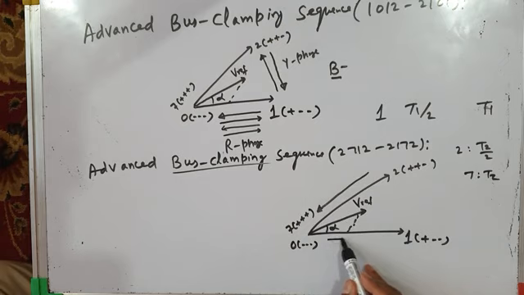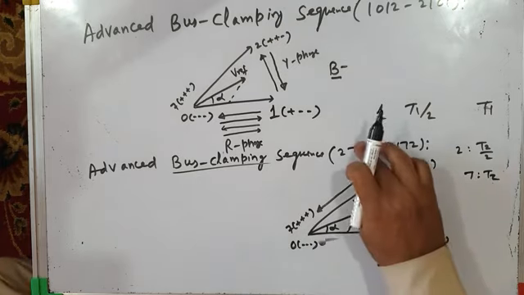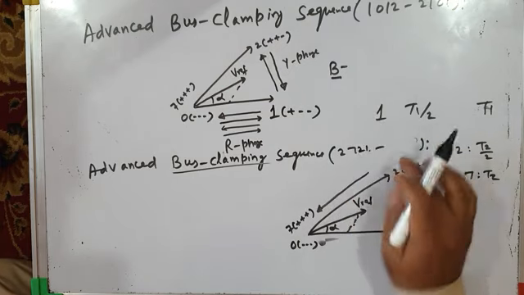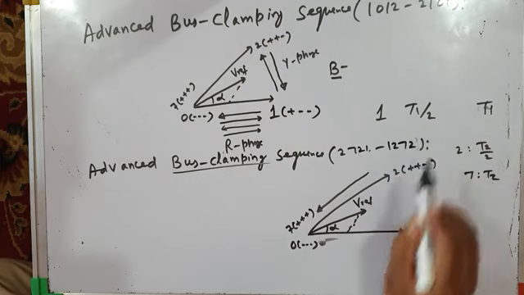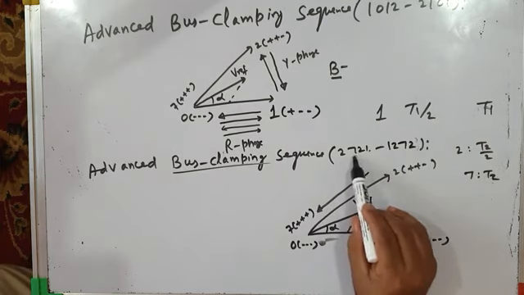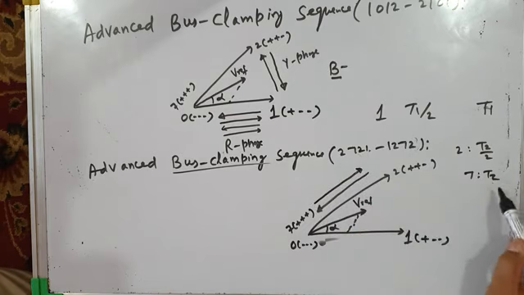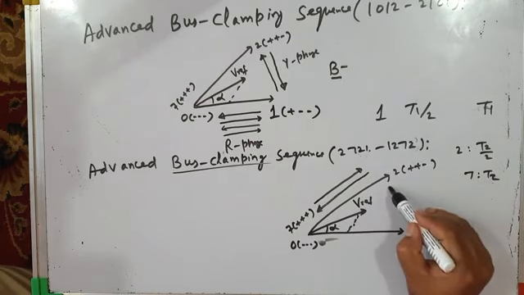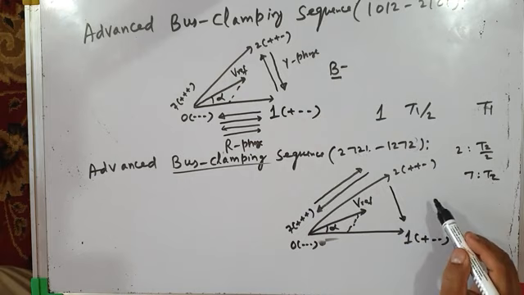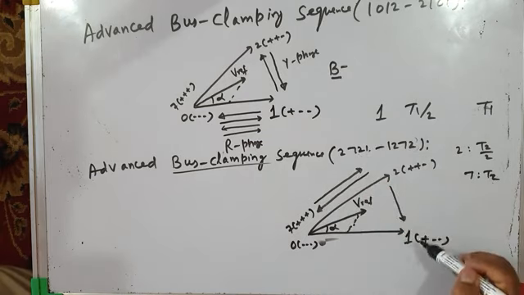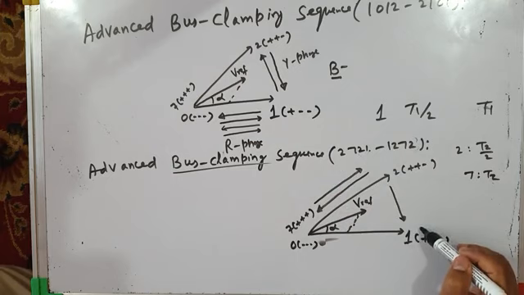Sorry, it is 2721. I'm sorry, it's not 2712. It is 2721 and 1272. Right. So 2 to 7, then again 2 back to. That means active vector 2 is again applied for same time interval t2 by 2. And then active vector 1 is applied for time interval t1. So we move from 2 to 1. That completes subcycle.